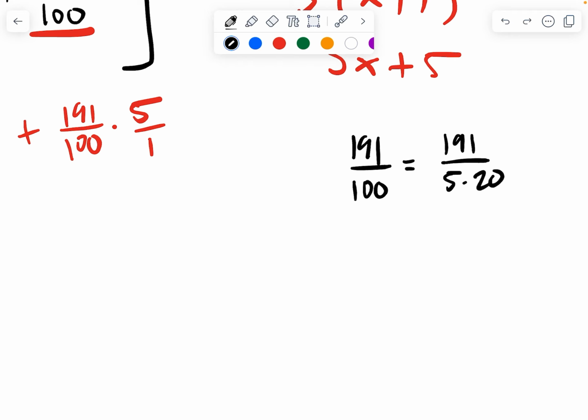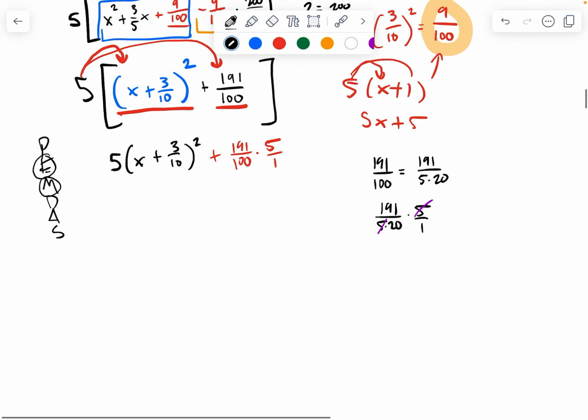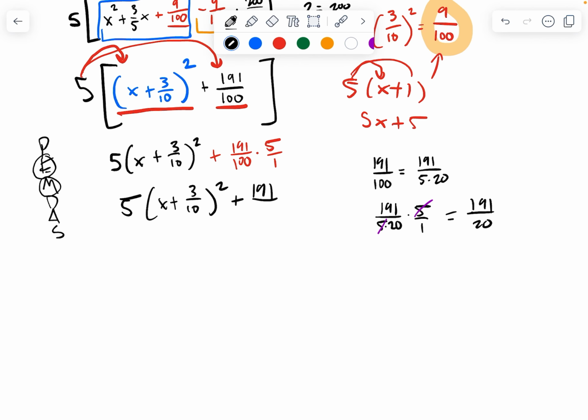So if we're doing 191 over 100, which is our 5 times 20, and we're multiplying that by 5, technically that 5's in the top, but we also have a 5 in the denominator, so those cancel, and we're left with 191 over 20. So that means our final answer here is 5 times the parentheses of x plus 3/10 squared plus 191 over 20.